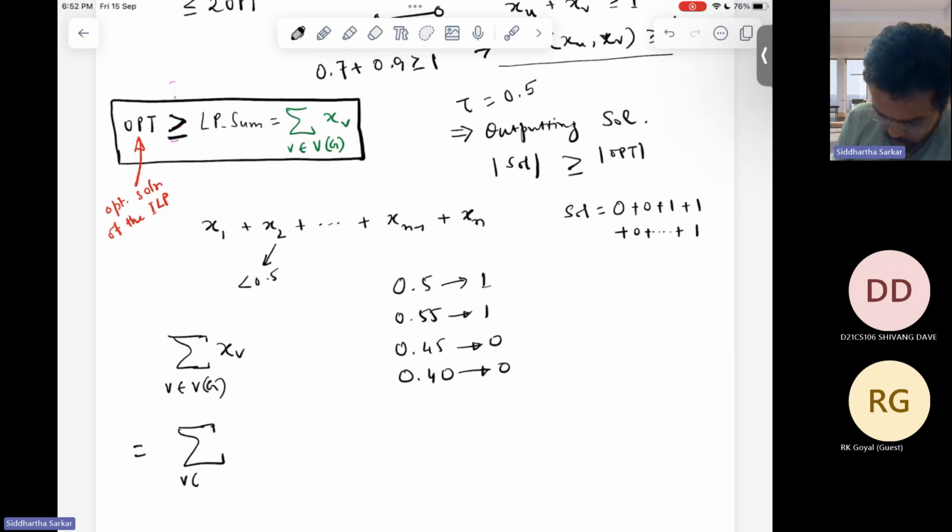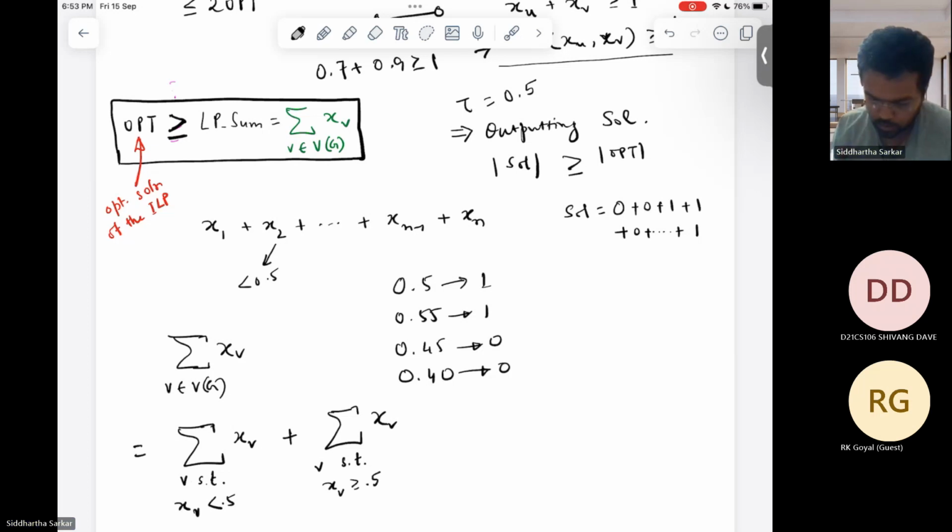Those vertices for which xv is strictly less than 0.5, summation of these variables, plus those vertices such that xv is at least 0.5.